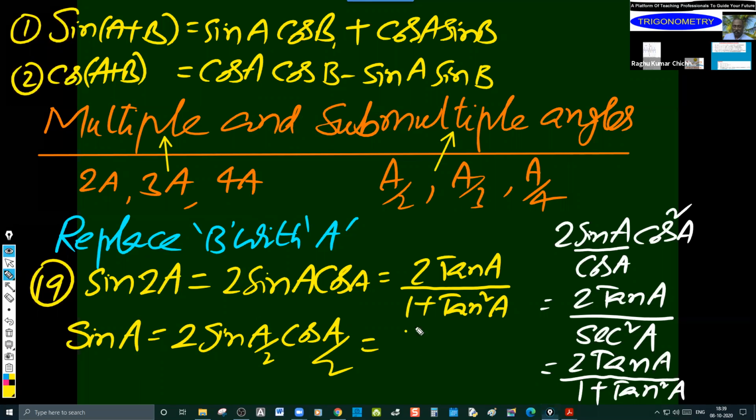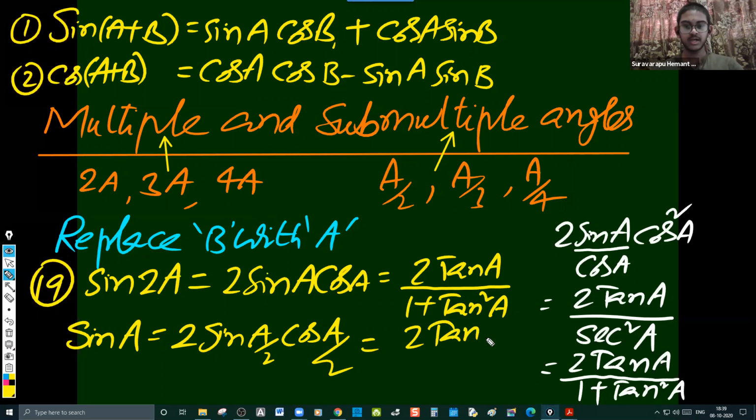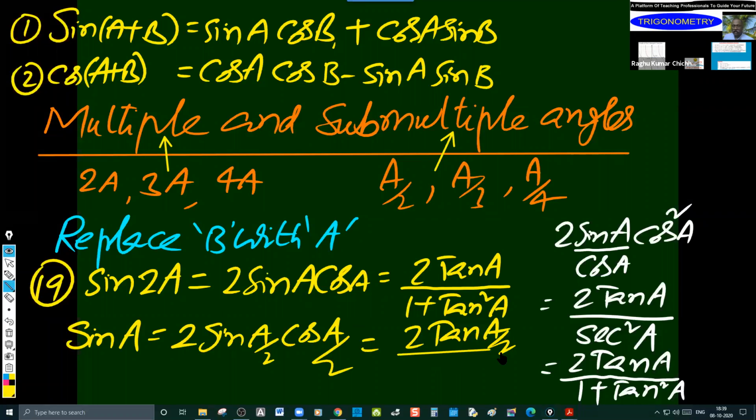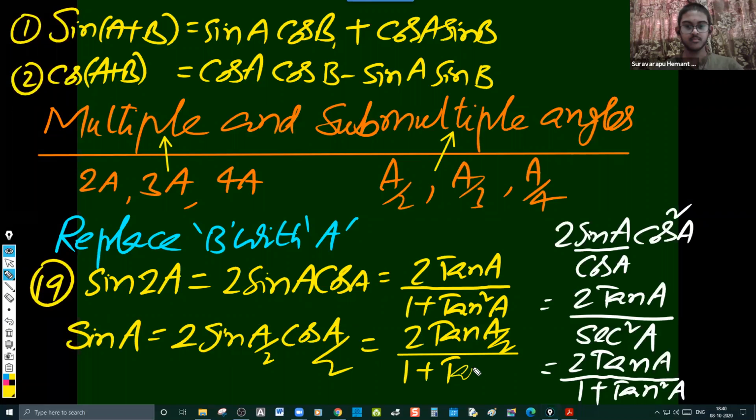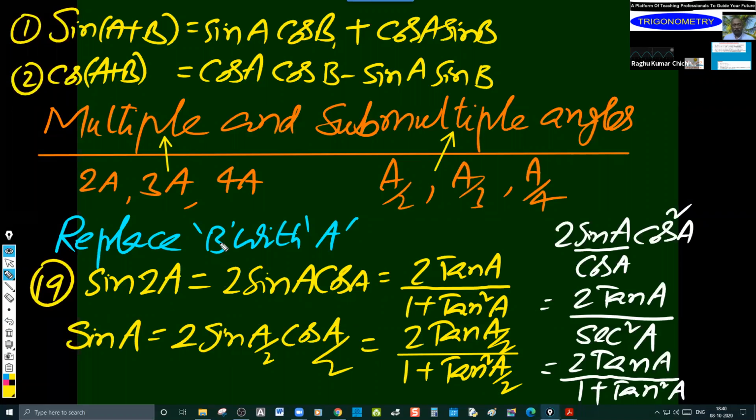Similarly, you tell me this also: 2 tan A by 2 upon 1 plus tan square A by 2. That's it. So this is the first and foremost formula in multiple and submultiple angles.